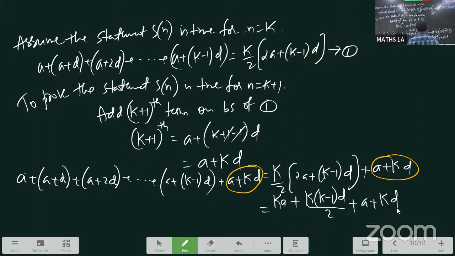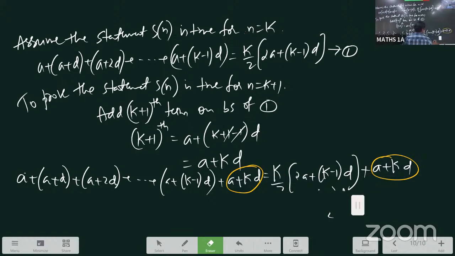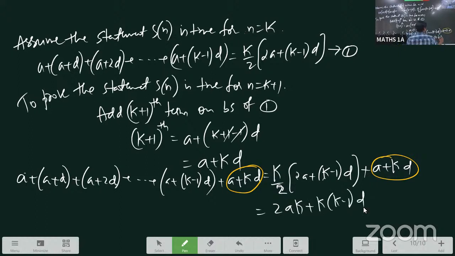Okay, let us see the simplification. Let us take 2 as LCM first, that is a much better way. Take 2 LCM: 2ak plus k into (k minus 1) into d plus 2a plus 2kd, whole divided by 2.